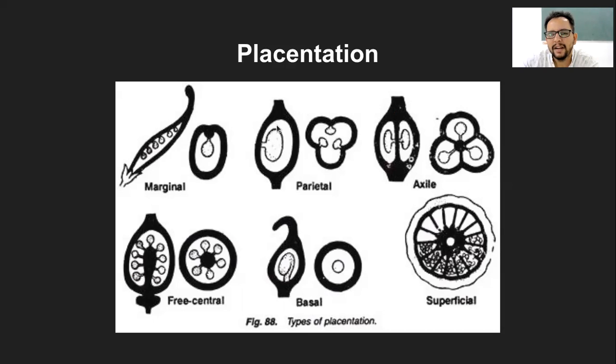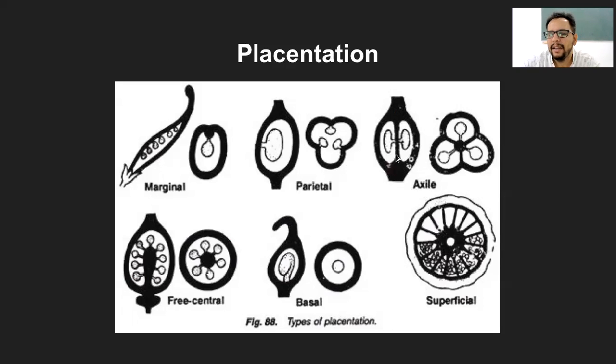Because this is a two-dimensional picture, you may not be able to visualize it, but at this part there will be a little ingrowth, not outgrowth, and on that the ovule will be attached. So something like this is parietal, which is along the inner wall of the ovary.